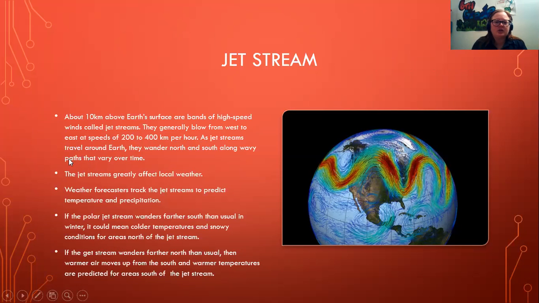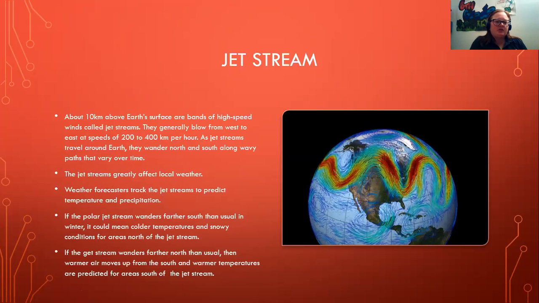As the jet streams travel around Earth, they wander north and south along wavy patterns that vary over time. The jet streams greatly affect local weather. Weather forecasters track the jet streams to predict temperature and precipitation. Remember, precipitation is rainfall or snow.